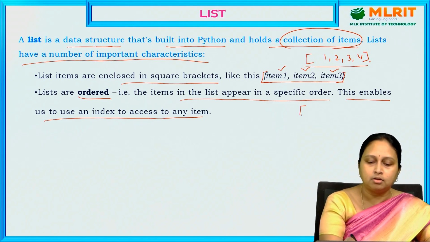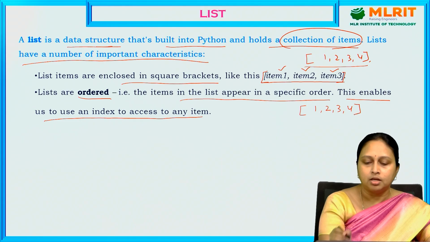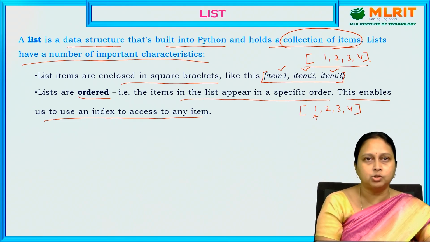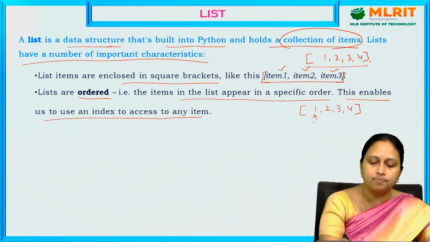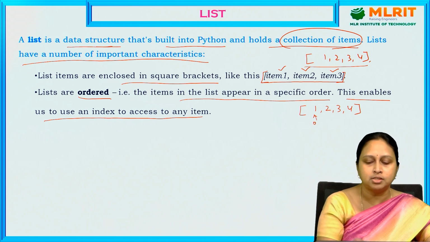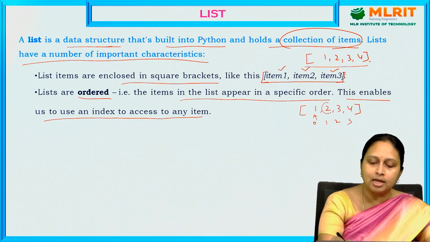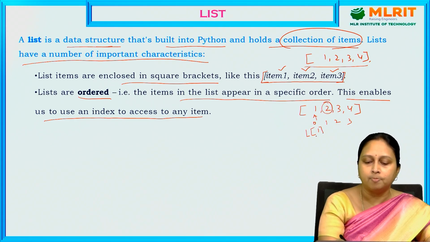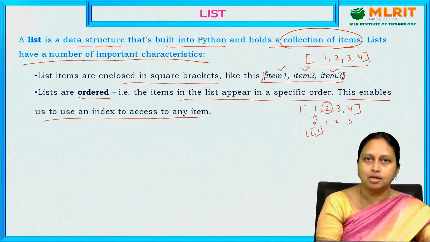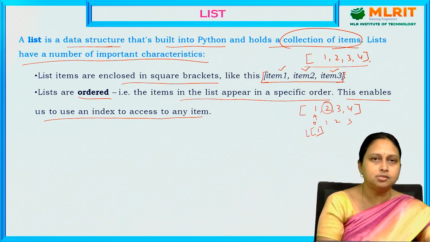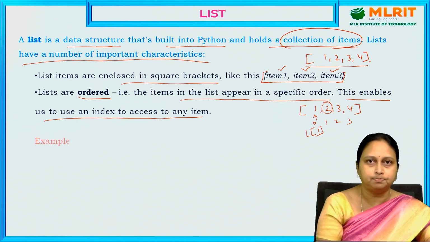Based on the list which we have, 1, 2, 3, 4, you can access a particular element based on its index. Suppose the index starts from 0 onwards, 0, 1, 2, 3. If I want to access the element 2, I can represent it with list of 1, so that I can access the element 2. That is the meaning of the second characteristic.